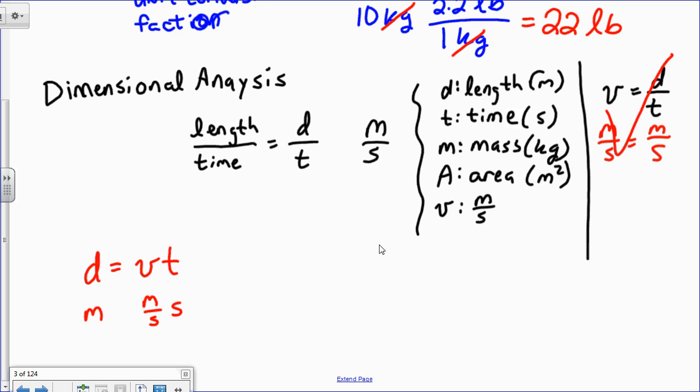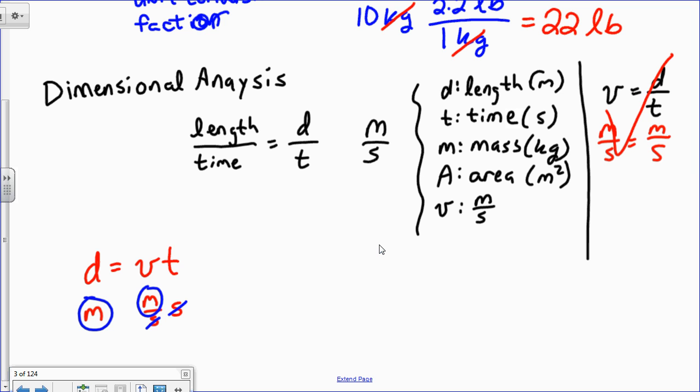Then I can cancel out one of my seconds, and I'm left with meters on this side and meters on that side. We're not saying that the equation is correct, but at least the dimensions are appropriate. Physicists often don't think about equations, they just think about relationships, and looking at them in this way can be very useful.